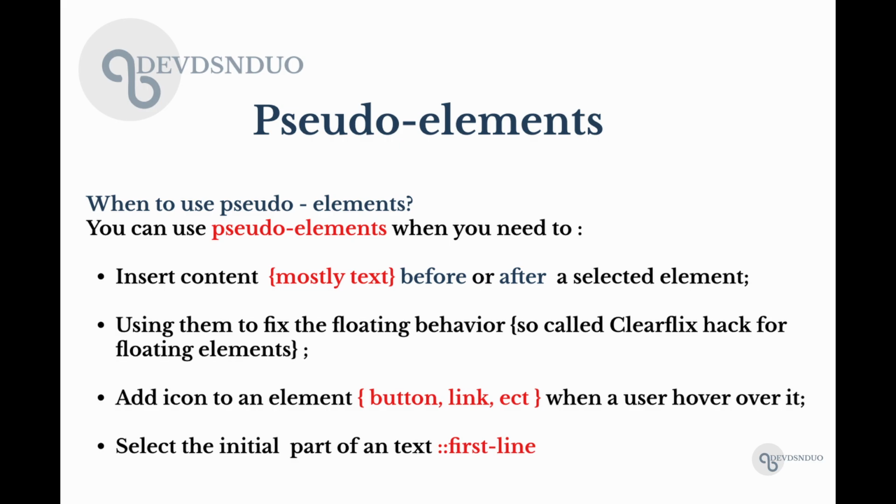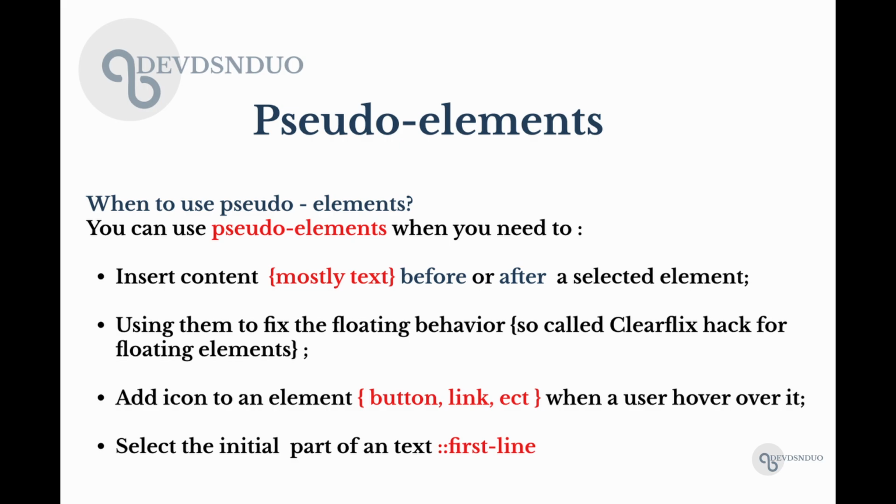You can use them to add icons to a button or to a text, and you can use them when you want to select, let's say, the first line of a text, using the double colon pseudo-element first-line. In this video, we are talking about generating content with the before and after pseudo-elements.